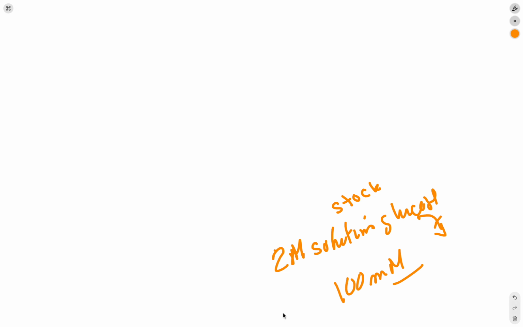Okay, so the next thing is, you see there's only 2 numbers here. What do the other numbers want? Well, one is going to be our question, and that's the volume. How much of this should we use? How much of this should we get out? We're making 100 millimolar stock.